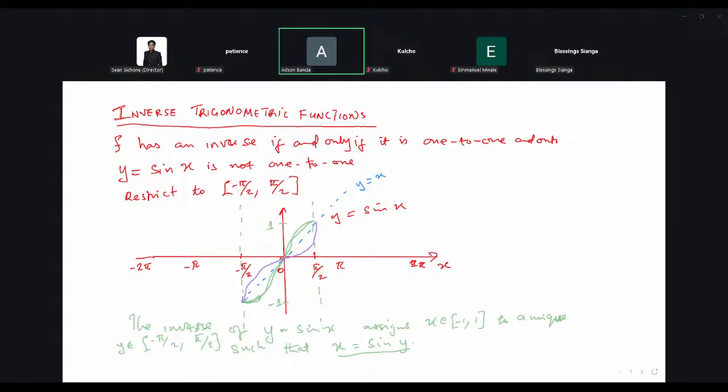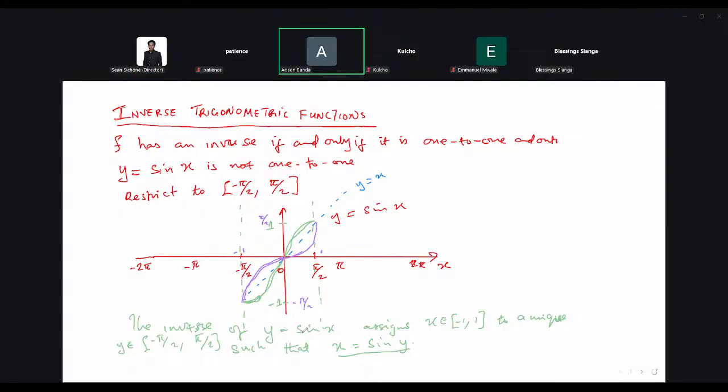So this will be the shape of the graph of y equal to sine inverse x. However, the only thing you need to do now is to interchange the intervals. So you have -1 here and 1 there, and there you have pi by 2 and here you have -pi by 2.